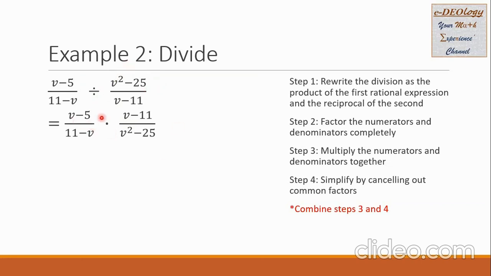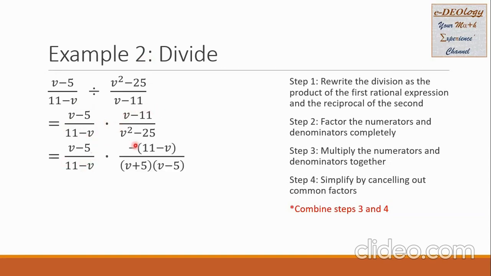So it's now v minus 5 over 11 minus v times v minus 11 over v squared minus 25. And step 2, I will factor the numerators and denominators completely. Our first rational expression, the numerator and denominator are already simplified, so we will just copy it down here.